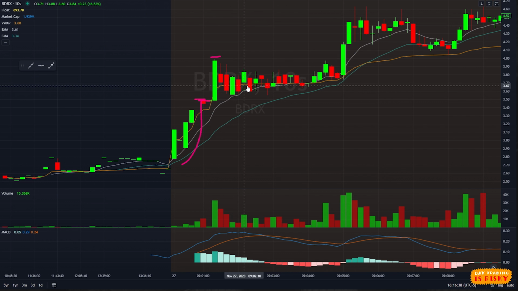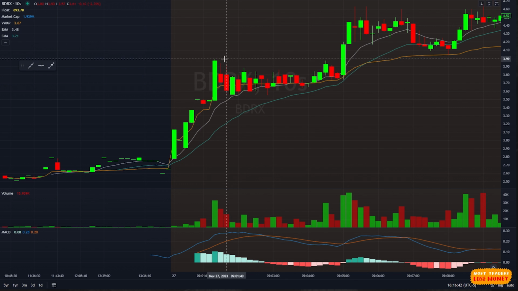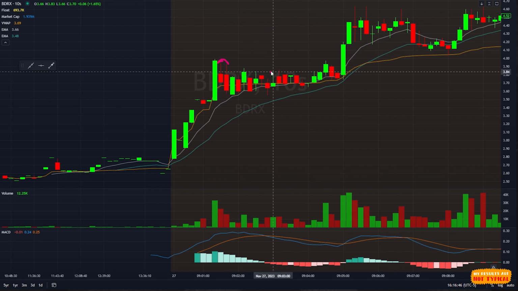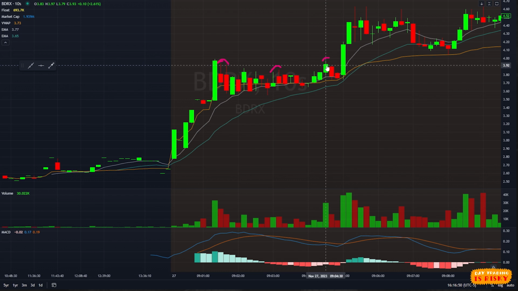It pulls back right here, and you can see a number of these candles have a topping tail. Then it popped up to a high of 3.97, and dropped back down to a low of 3.74, about a 20-cent drop.